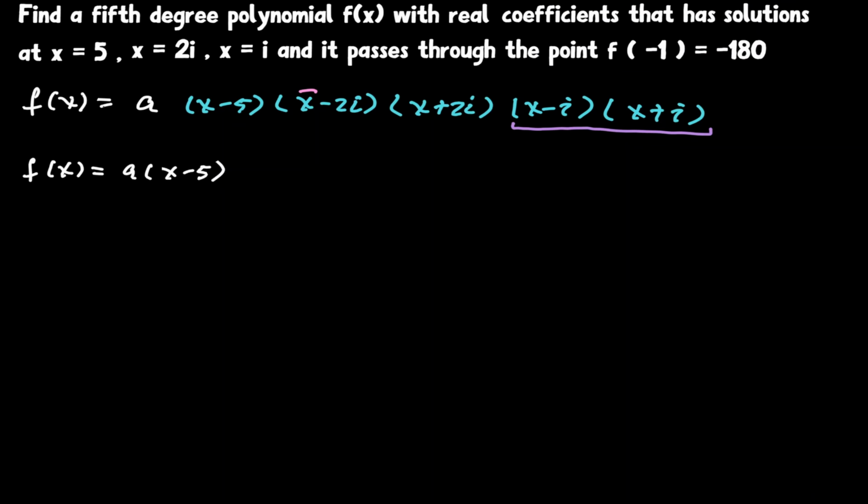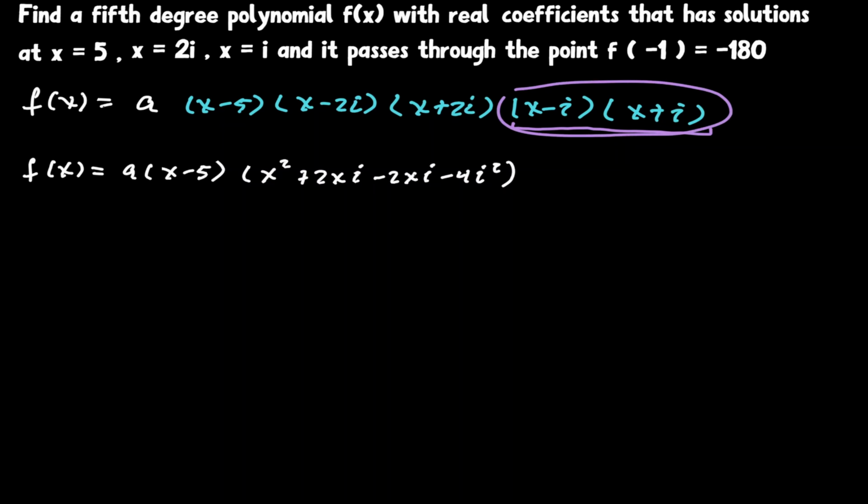Let's start by distributing this x. This is going to be x squared. Now let's distribute 2i, so that's going to be positive 2xi. Now let's distribute this -2i, distribute to the x, -2xi. Let's distribute to the next one, that's going to give us -4i squared.